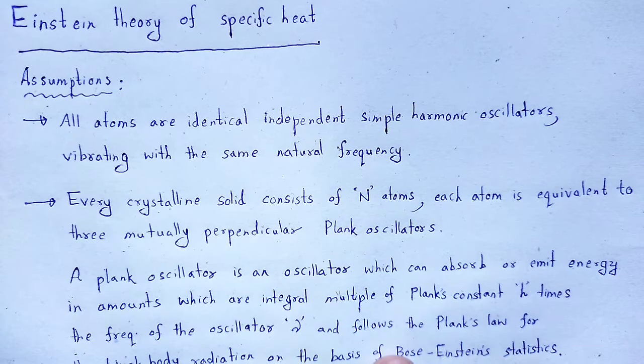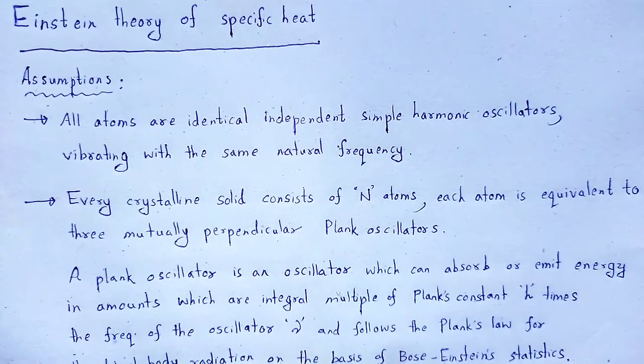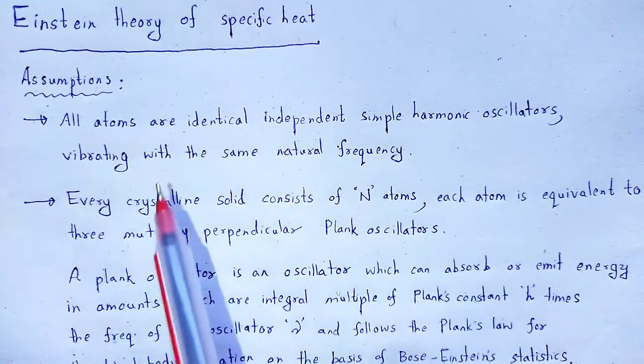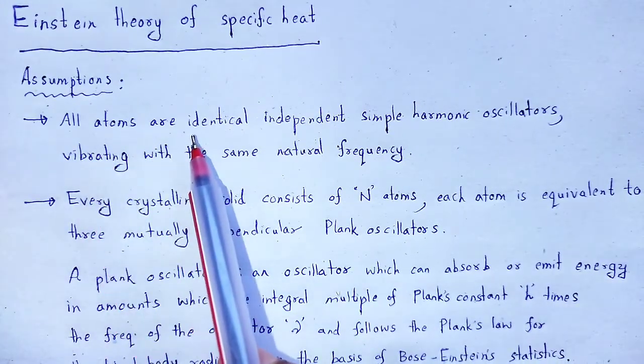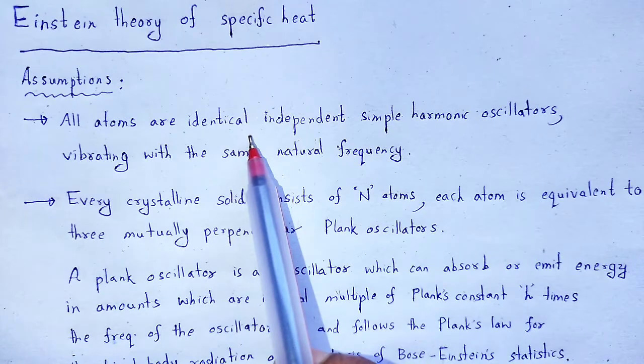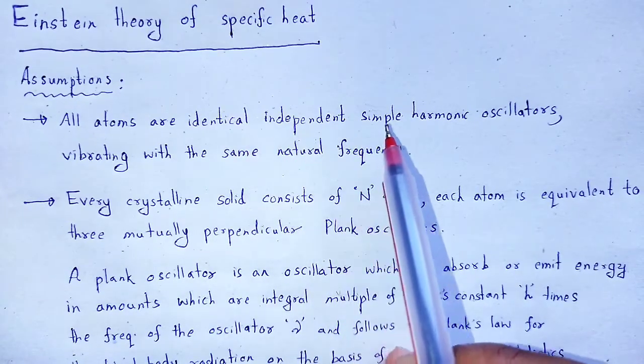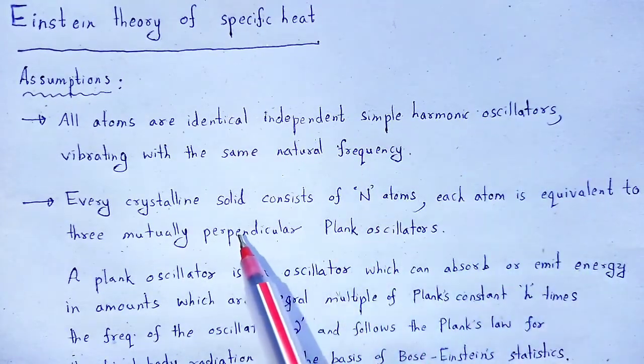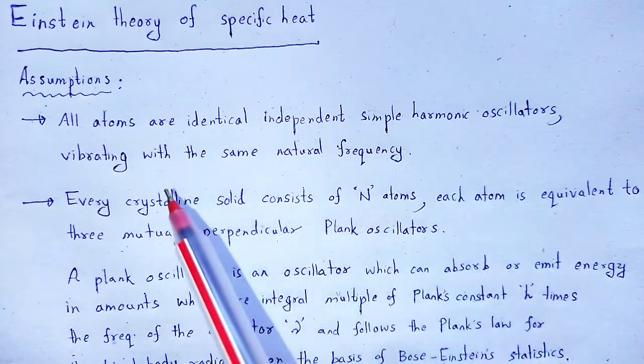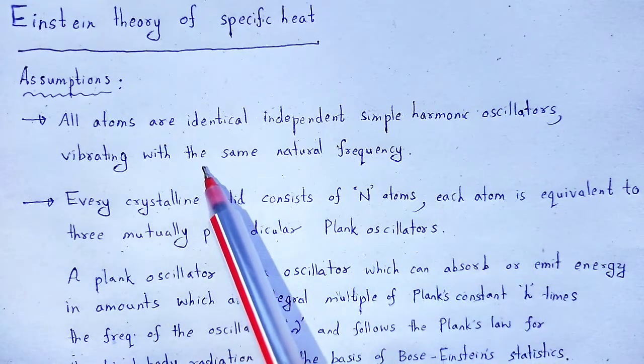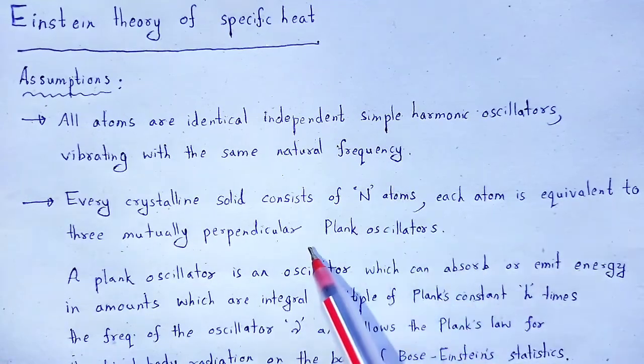So, according to Einstein, he assumed some points to show how the specific heats of solids can be explained at low temperatures. Some assumptions: all atoms are identical, independent simple harmonic oscillators, vibrating with the same natural frequency.